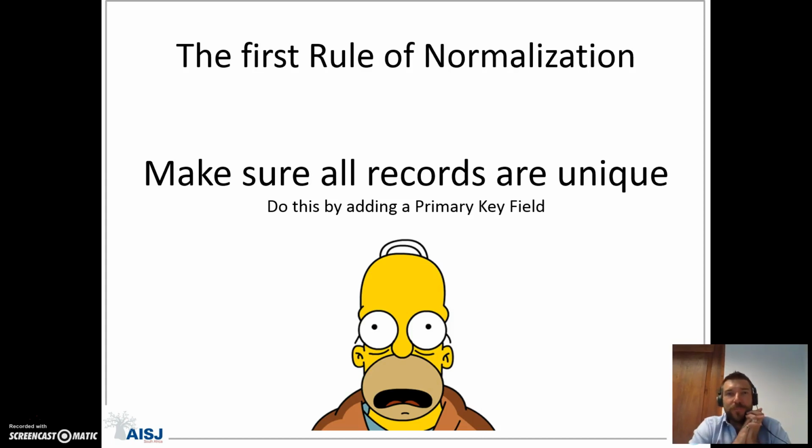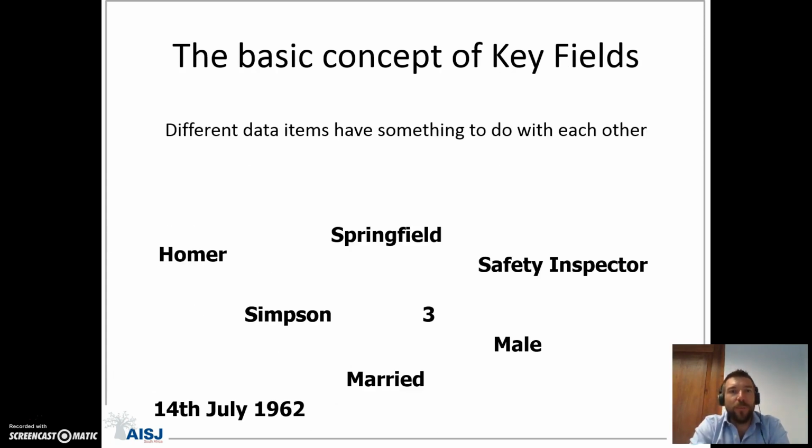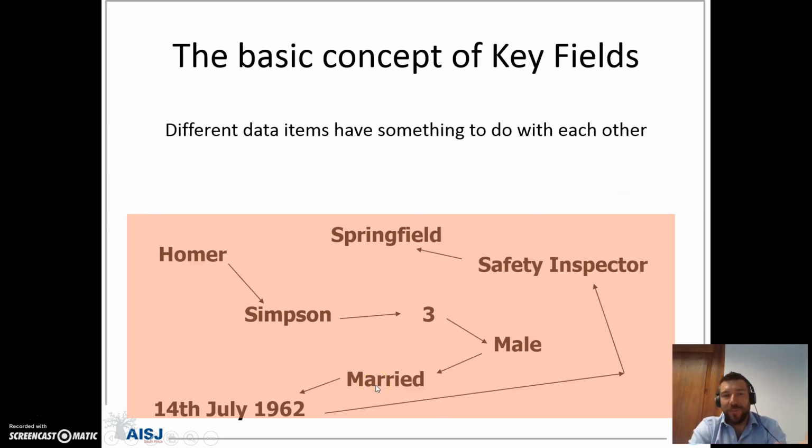First rule, there's 3. This is the first. First thing you do is you make sure all the records are unique, and it's the easiest thing. All you need to do is add a primary key field. Basic concepts of primary key fields. Different data items have different things to do with each other. So here's a bunch of different data, but those things all have something to do with each other.